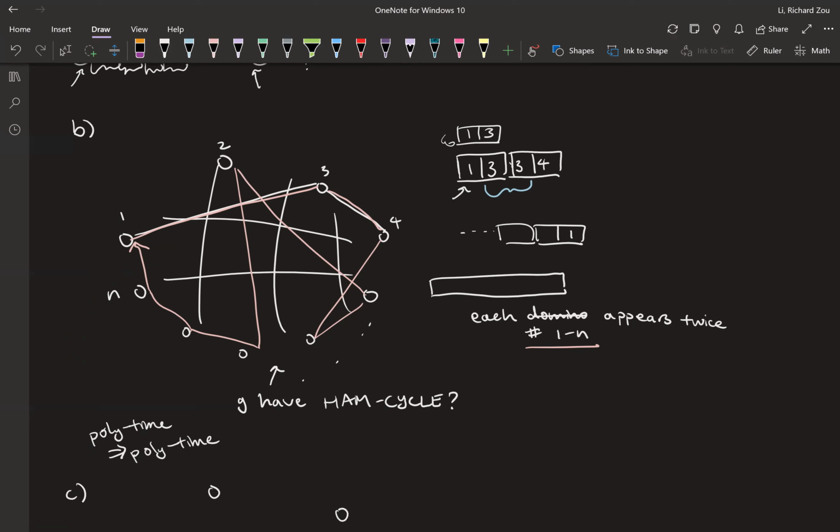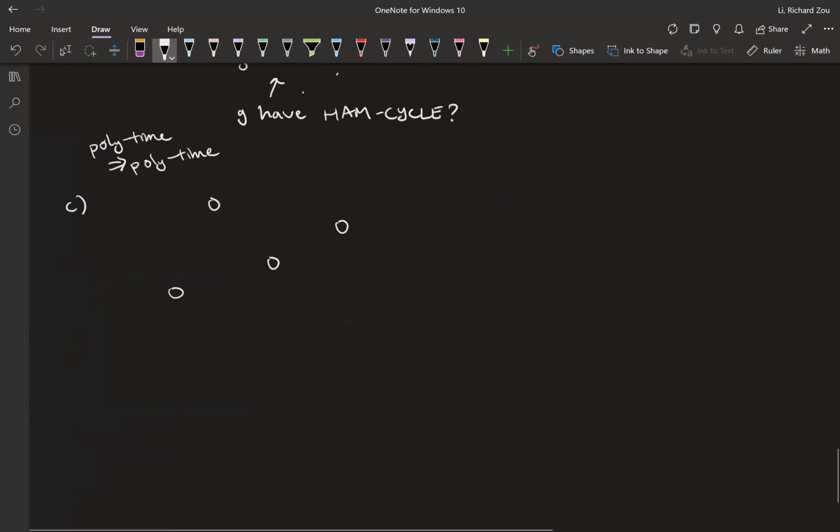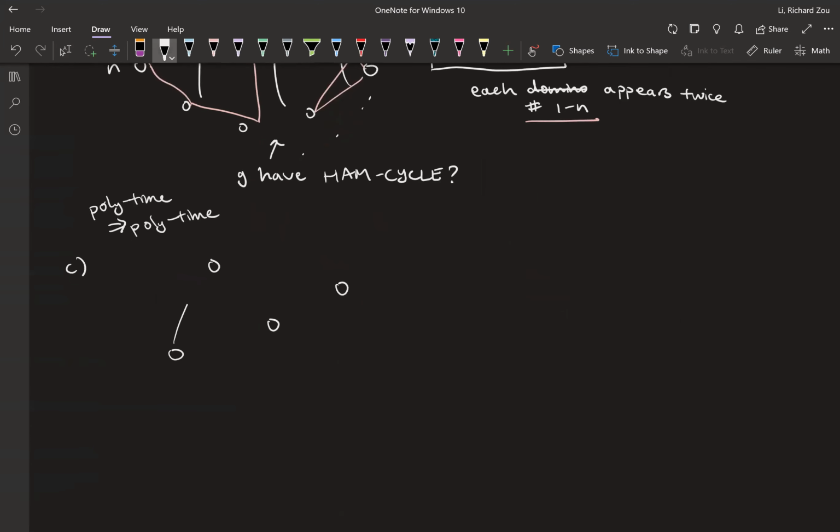But here, in our new arrangement, it's possible for multiple edges to exist between 2 vertices, if there are multiple dominoes that might be matched.